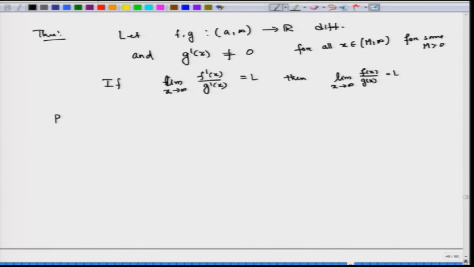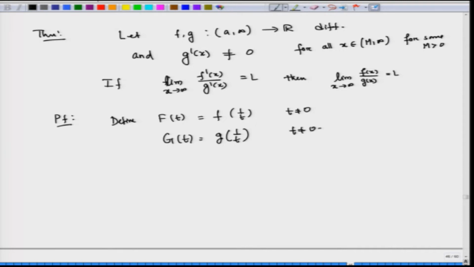So, for the proof, we can define capital F of t equal to small f of 1 over t if t is not equal to 0, and 0 if t is equal to 0. Okay, and similarly define capital G of t equal to small g of 1 over t if t is not equal to 0.